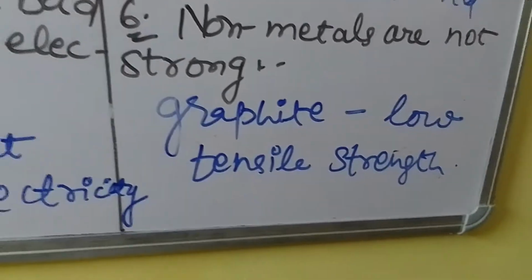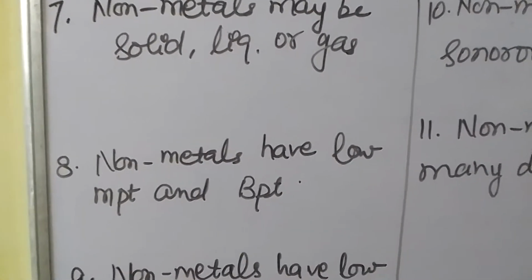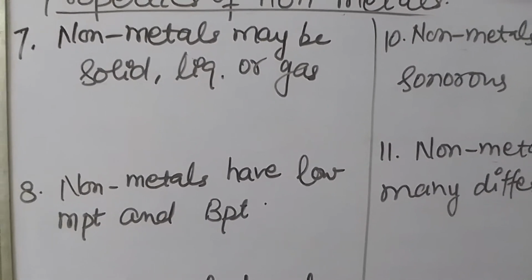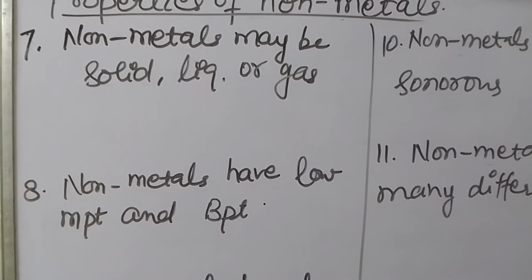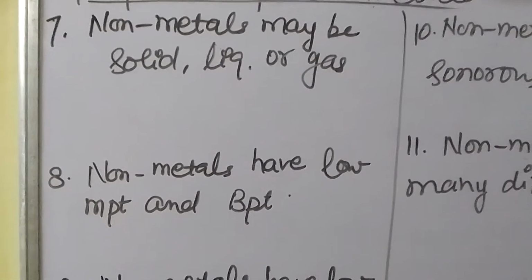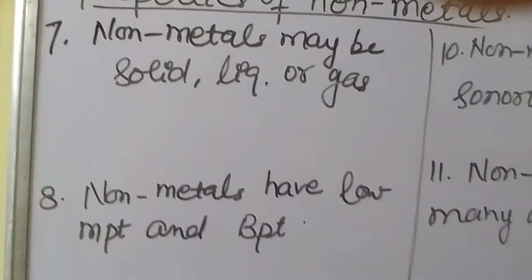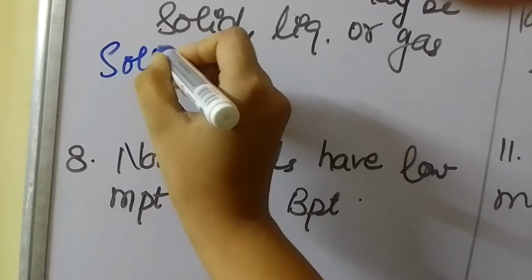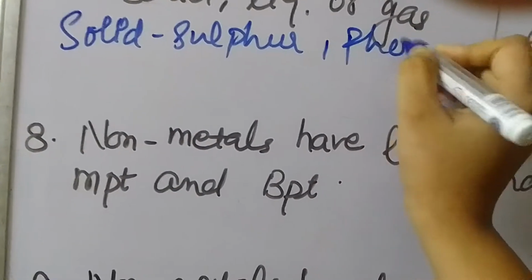So let's talk about another topic. Non-metals may be solid, liquid, or gas. Let's look at examples of these three. Sulfur and phosphorus are solid, bromine is liquid, and in the gaseous state there are a lot of examples of non-metals, which are oxygen, nitrogen, and helium.